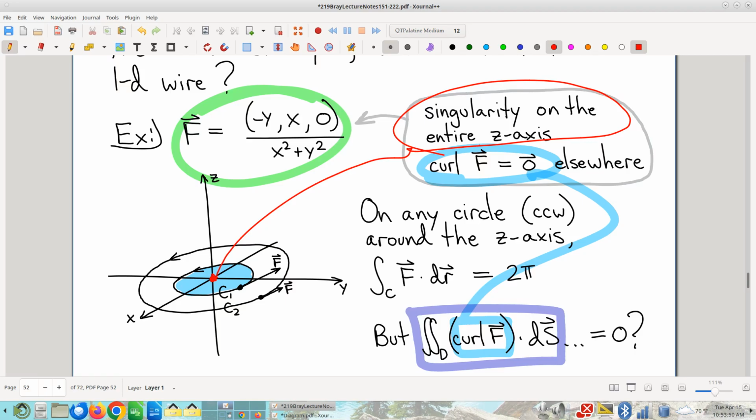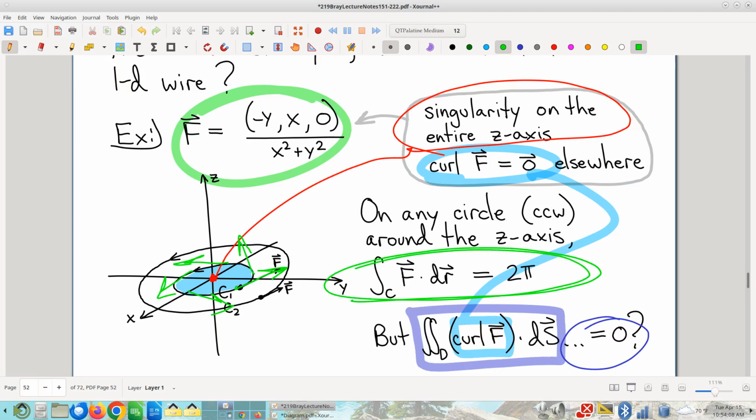One point shouldn't make a difference. It's tempting to say that this flux integral would be 0. Whereas, on the other hand, if you were to take the actual magnetic field and compute the circulation, you would get 2 pi, not 0. And so you can see that one little point messed it all up.